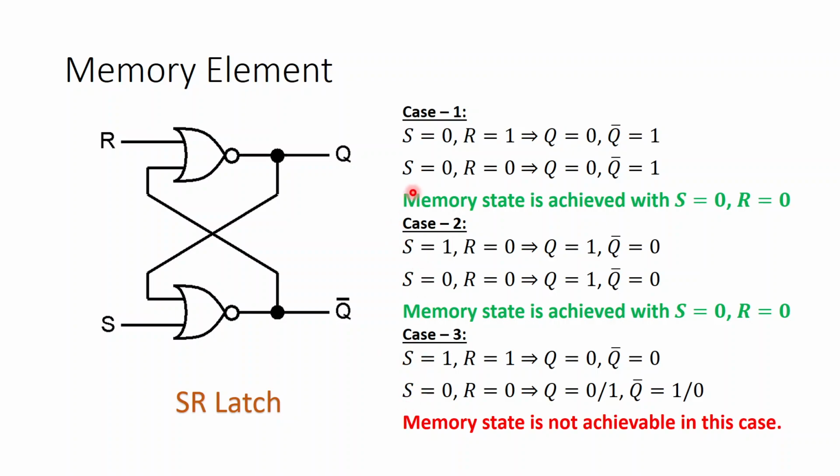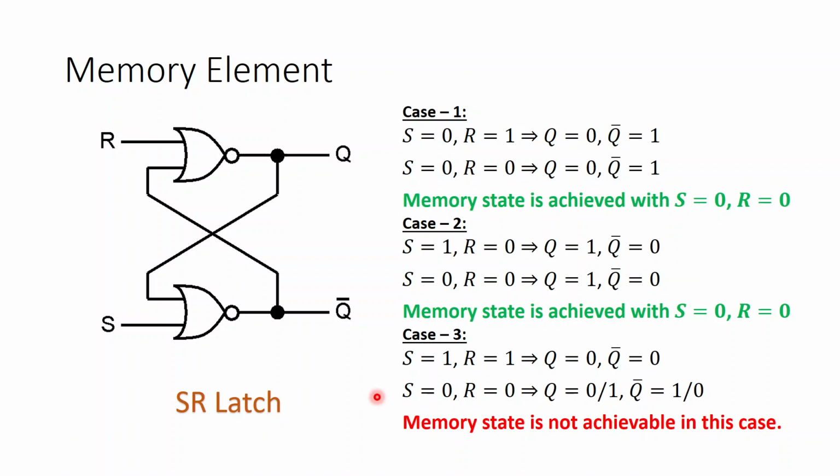Then in the other cases, S equals to 0, R equals to 0 will be the memory. If you are somehow allowing S equals to 1, R equals to 1 to this circuit, then you cannot claim that S equals to 0, R equals to 0 will be the memory state. You cannot claim that.